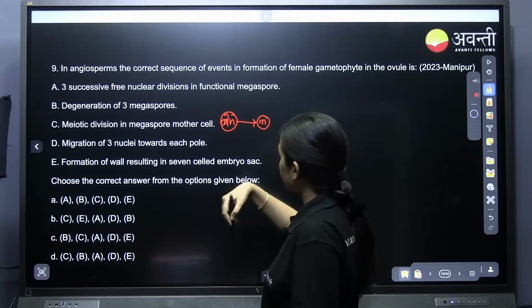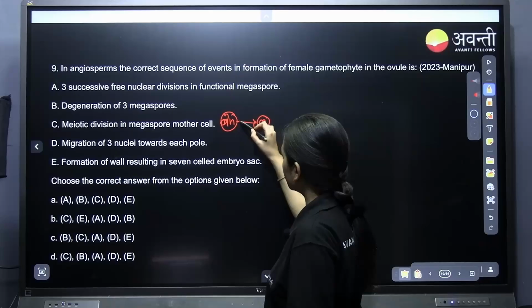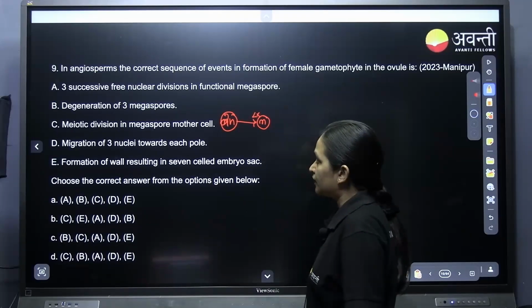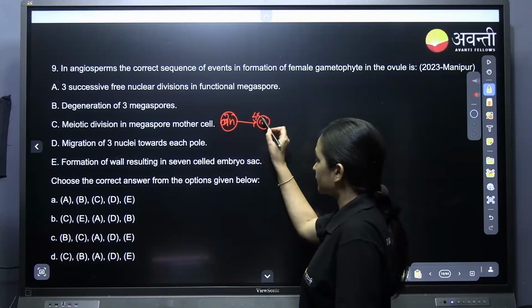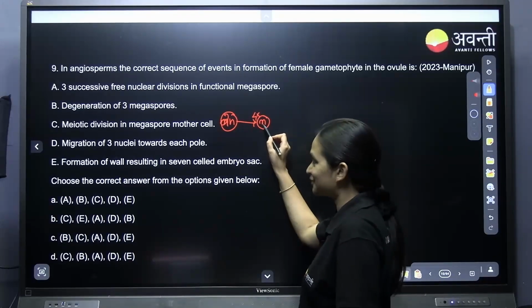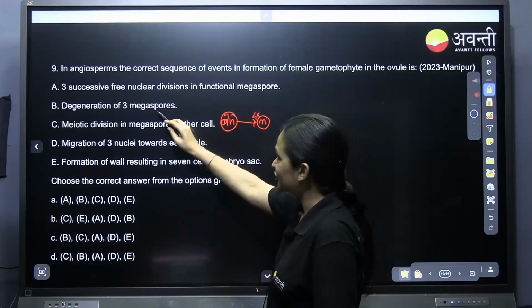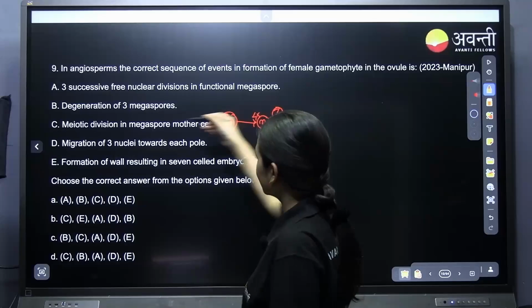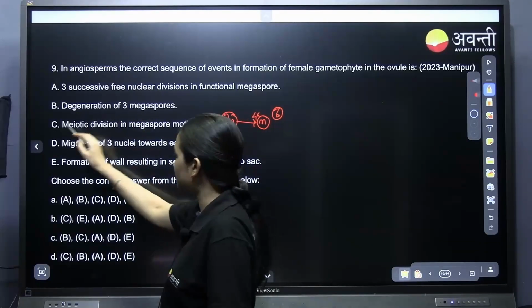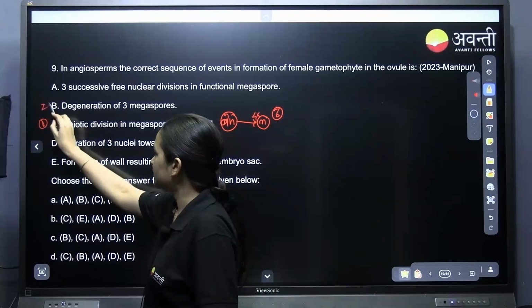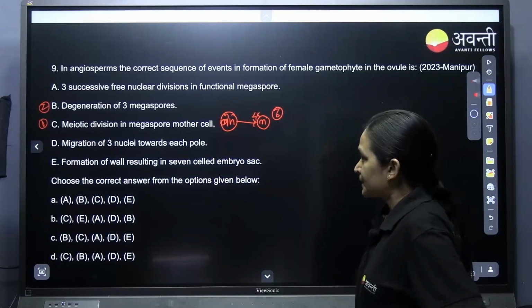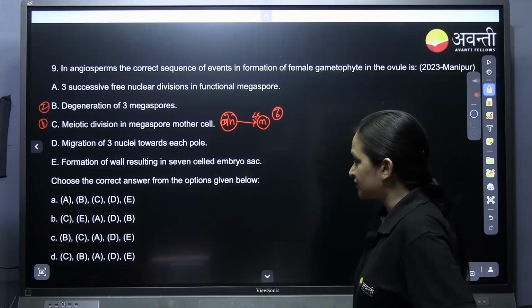After meiosis there will be 4 megaspores. Then degeneration of 3 megaspores takes place. This one is first, this is second, then with that we can mark the answer C, B.